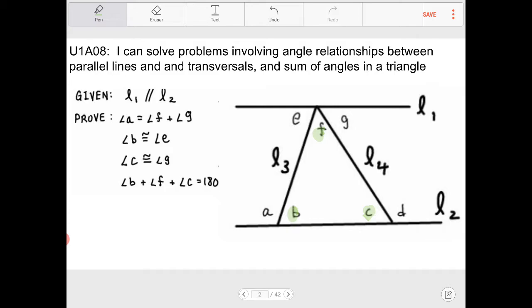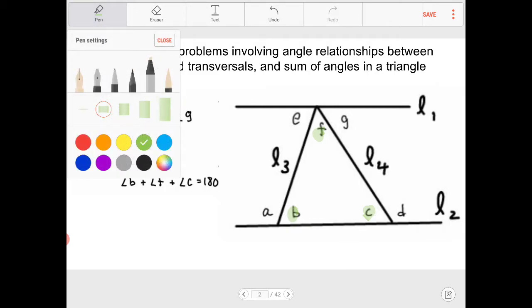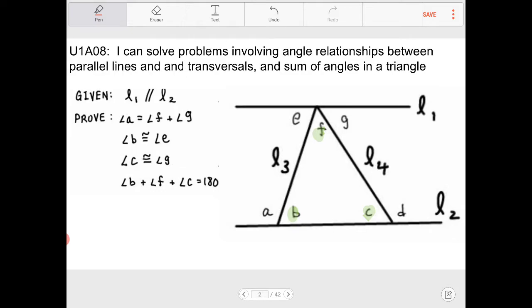And so I'm going to ask you to direct your attention not only to those three angles, but also to the fact that this is a triangle. So this triangle is inscribed in between the two parallel lines, L1 and L2.